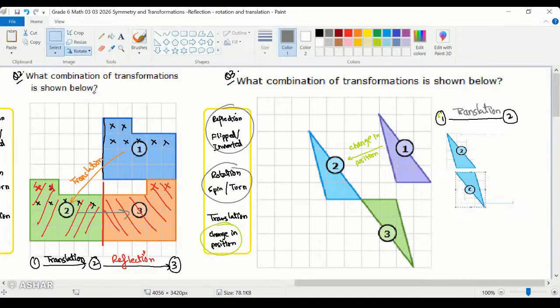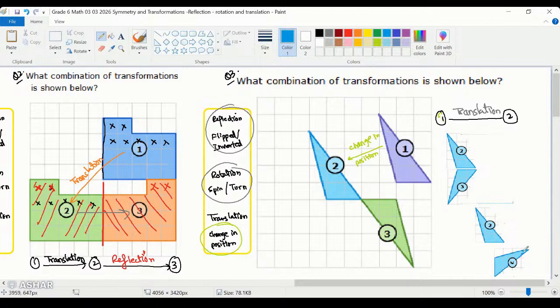Flip horizontal. See, either it could be this or it could be this, or it could be this. I'm just drawing these two shapes to explain this.